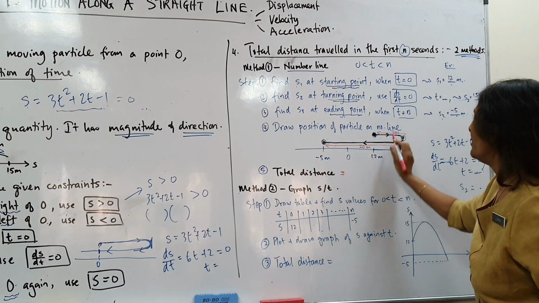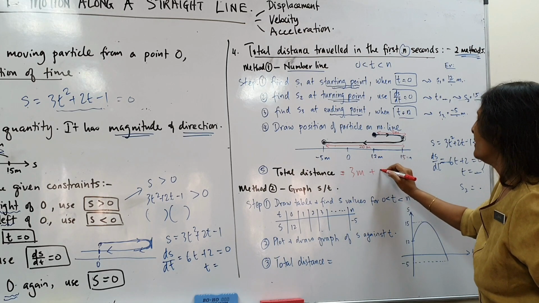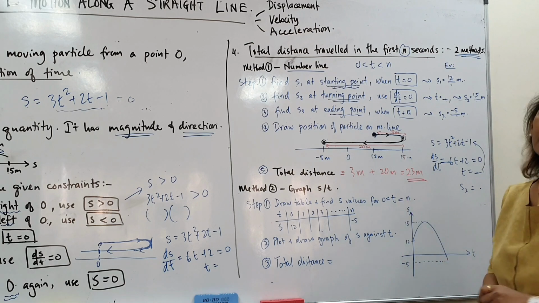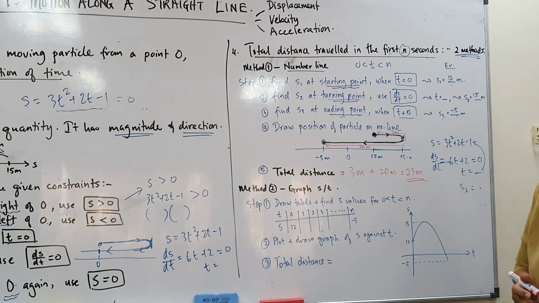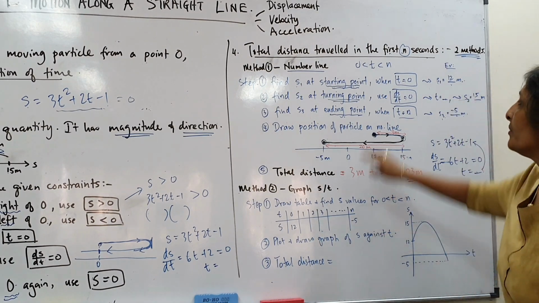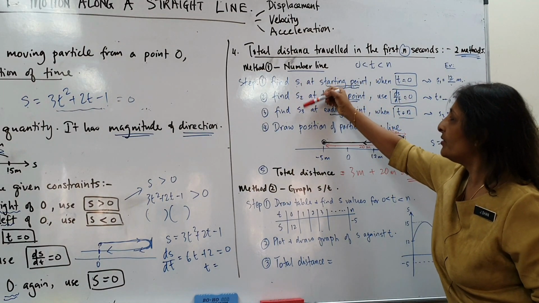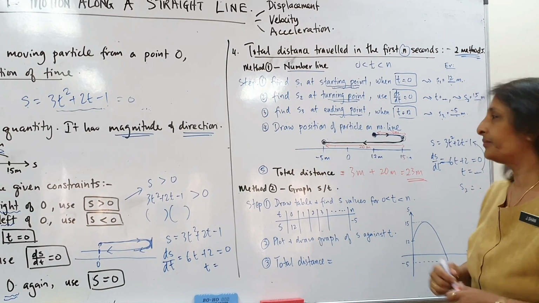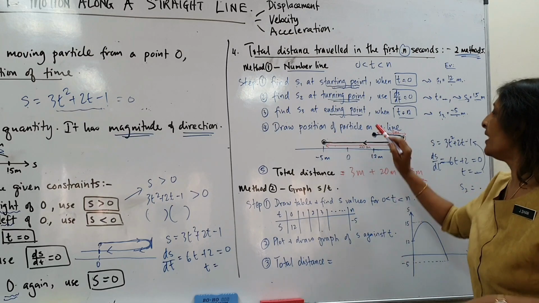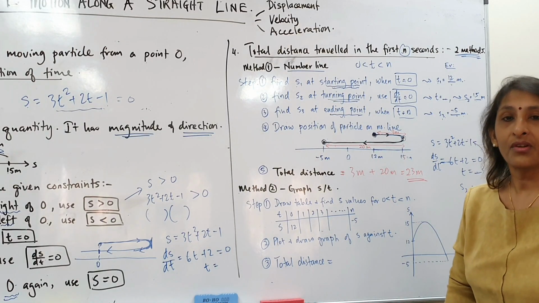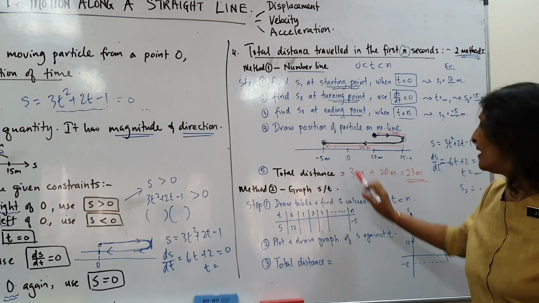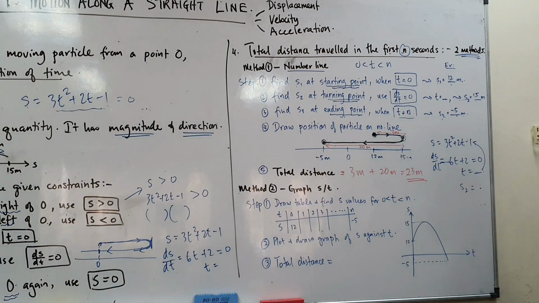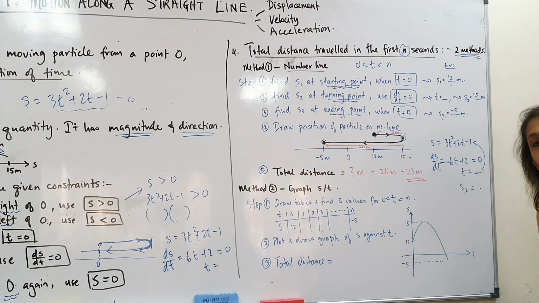So your total distance will be 3 meters plus 20 meters, and you get the answer 23 meters. So this is called the number line method. Remember, you must find the 3 s values, put them on the picture, draw the positions and the number line. After that, you can find the total distance traveled in the first n seconds. Hope you all are okay here.